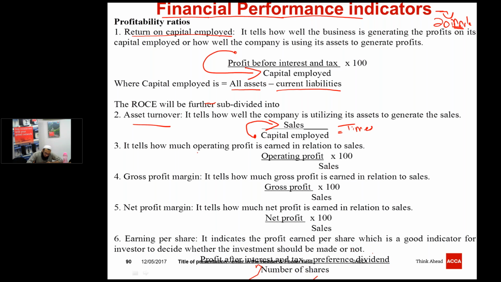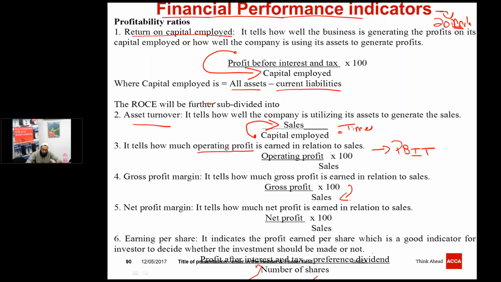Then comes the operating profit margin. Very simple. Usually we call operating profit PBIT, profit before interest and tax. So it tells you the percentage PBIT the company has successfully earned on its sales.